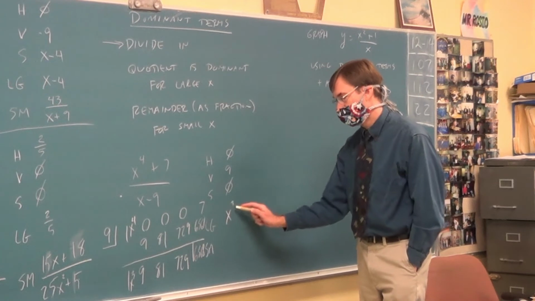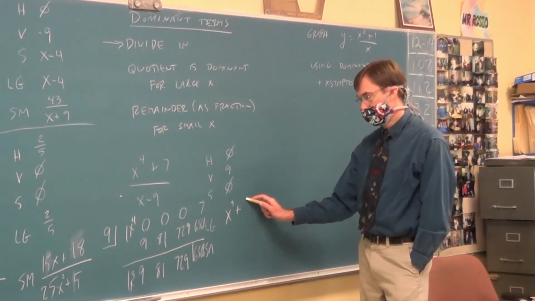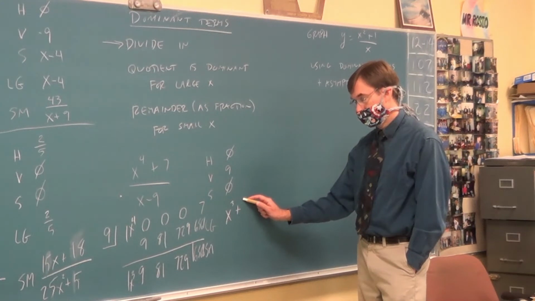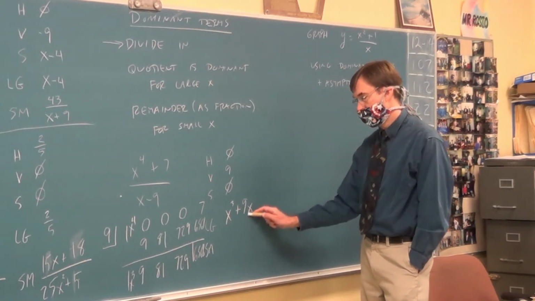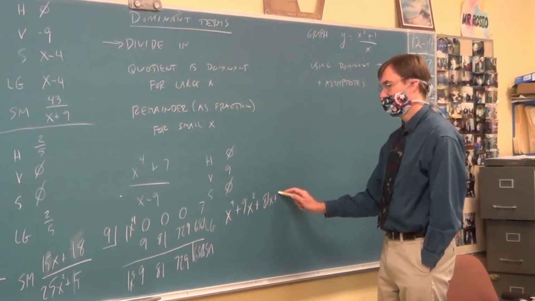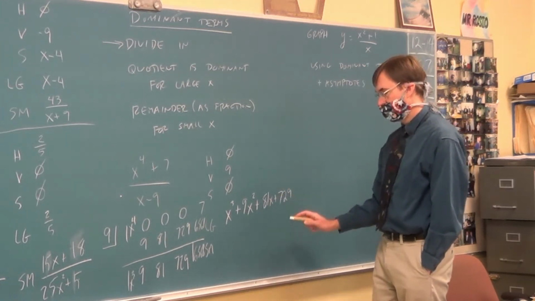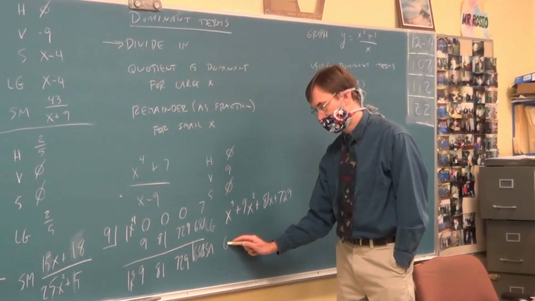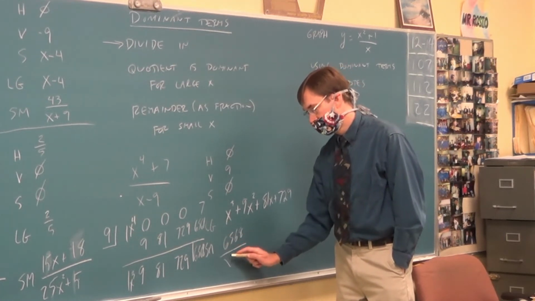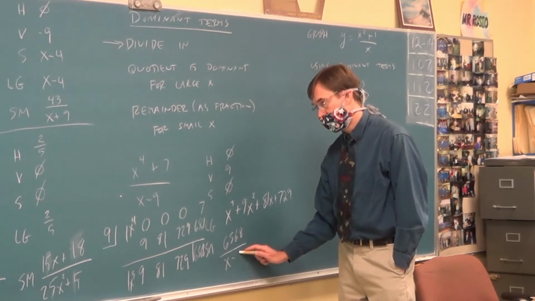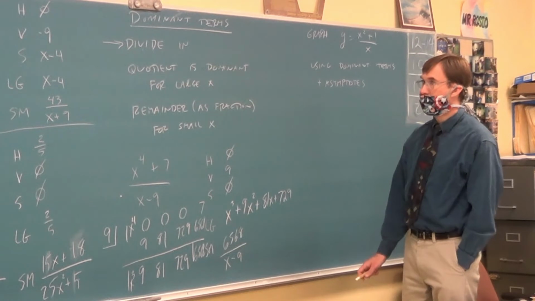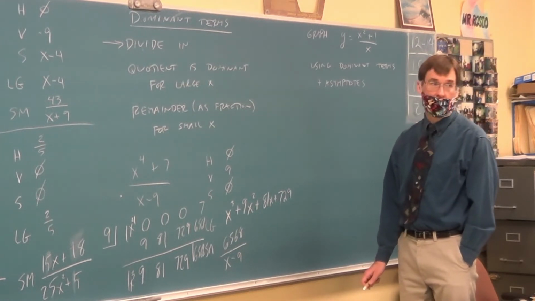So it would be x cubed plus 9x squared plus 81x plus 729. The small dominant term is 6,568 over x minus 9. Just keep the original bottom.